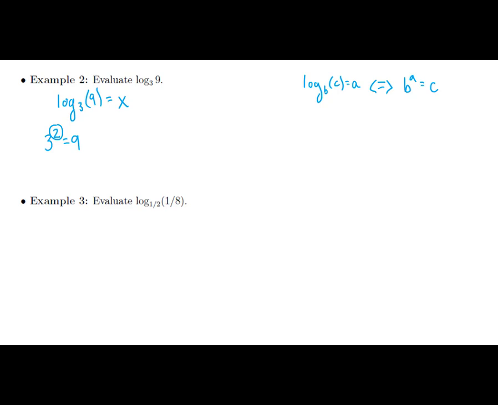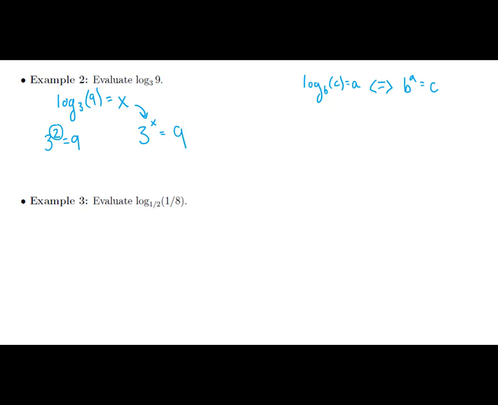Okay? The other way of doing this is to more directly use this formula here. So to literally say the base of my logarithm becomes the base of the exponent. What my logarithm is equal to becomes the exponent. And then the number inside is what the exponential part is set equal to.